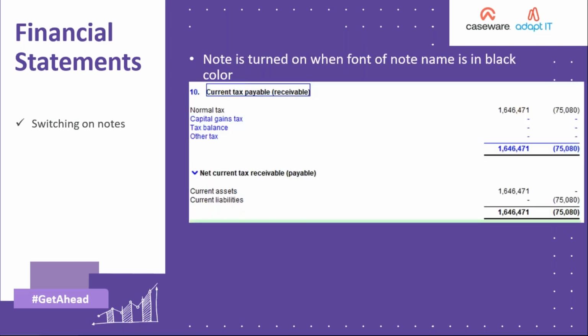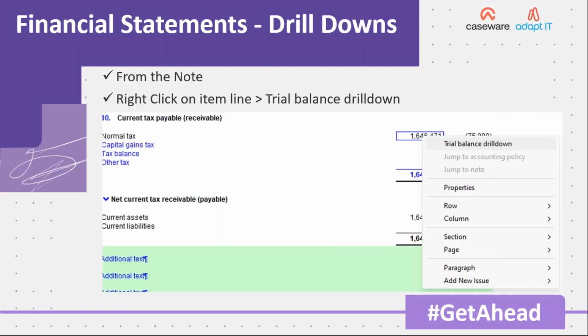Now, what you might want to do once you switch on the note is to understand further what is behind that line, what has been mapped on that line item. So from a note, for example, you can easily drill down to the trial balance. You will first place your cursor on the amount.